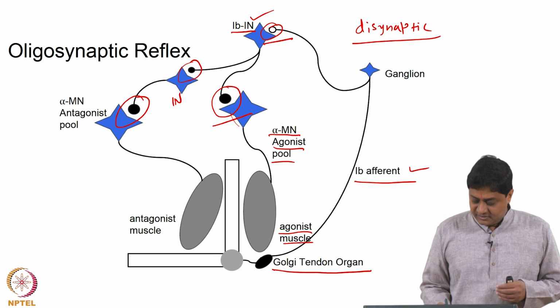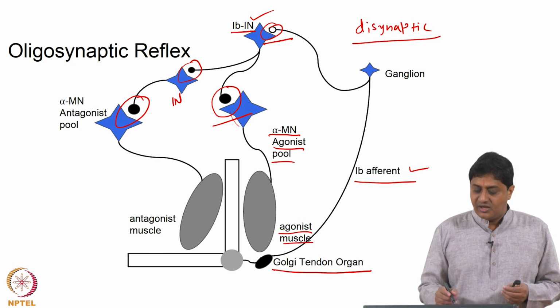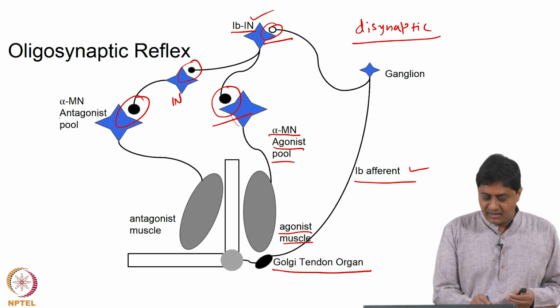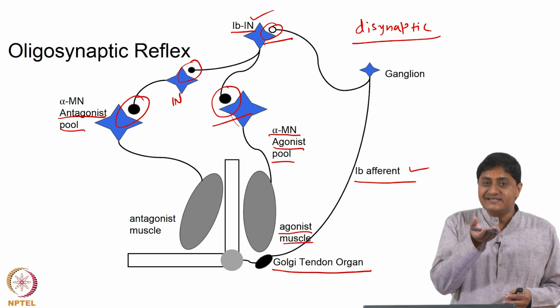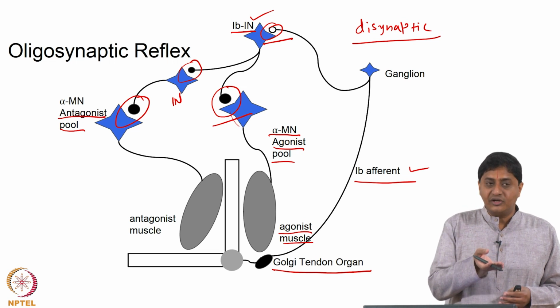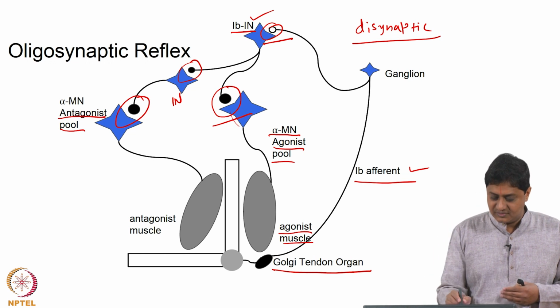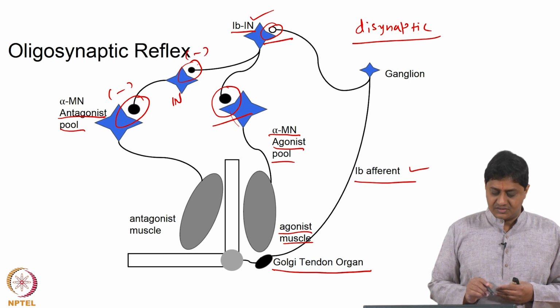Every time this Golgi tendon organ fires, or if this muscle is contracting, in a way it is disinhibiting the antagonist pool, or is also slightly increasing the probability that the antagonist pool will be excited. Okay. So, this is inhibition. So, this is 1 minus and this is another minus, right? So, that becomes plus.